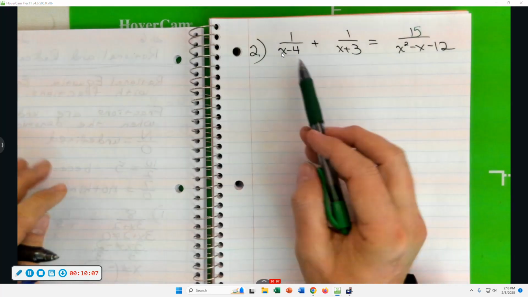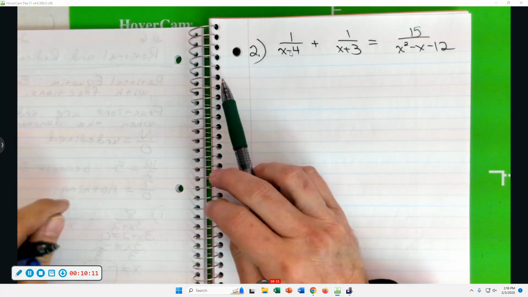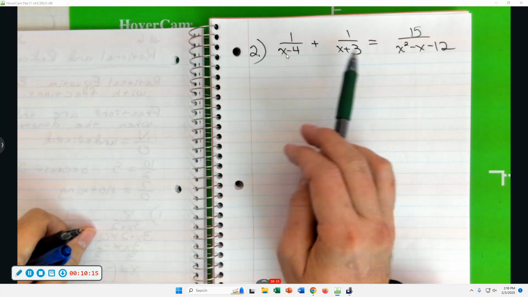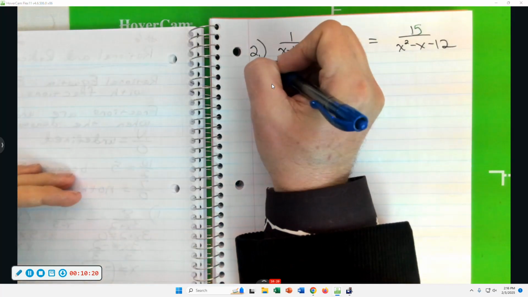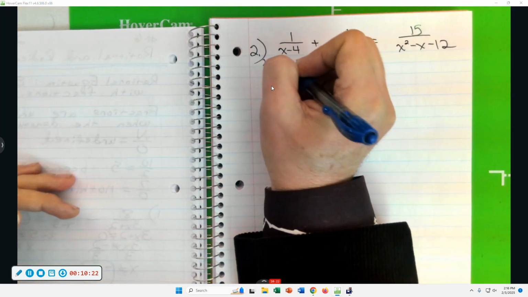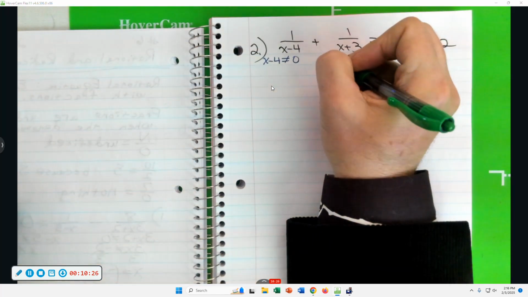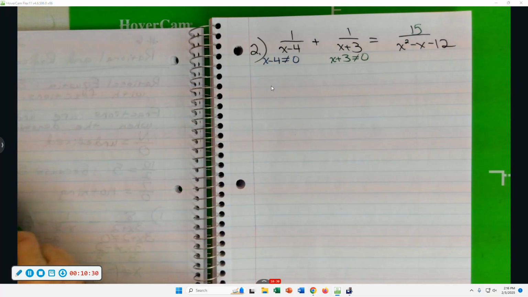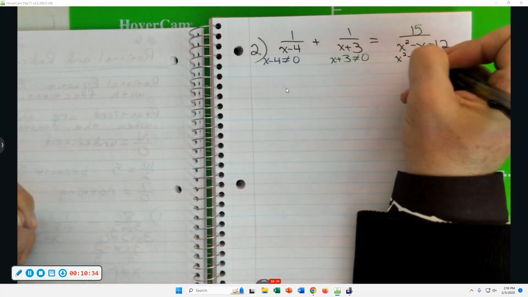The only thing that matters when you're figuring out which ones are unacceptable solutions are the denominators. x minus 4 can't equal 0. Hopefully they see there's two easy ones here. x plus 3 can't be 0. And x squared minus x minus 12 cannot be 0.